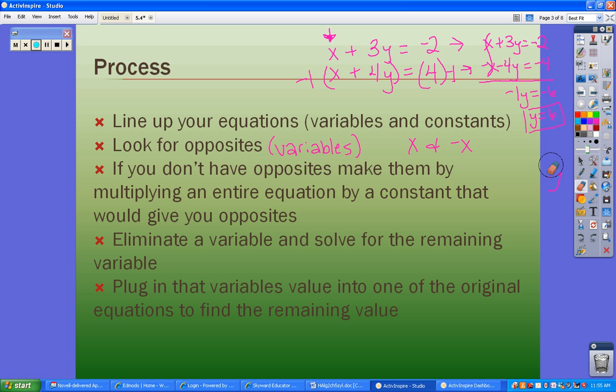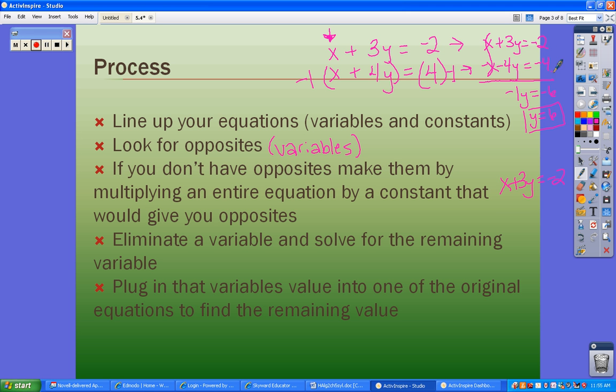I want to stop though and tell you why that works even. Okay, why am I allowed to add those two equations? Basically, when I add these equations going straight down, that is the equivalent to adding -4 to both sides of this first equation. Basically what I'm doing here is I have this x plus 3y equals -2.